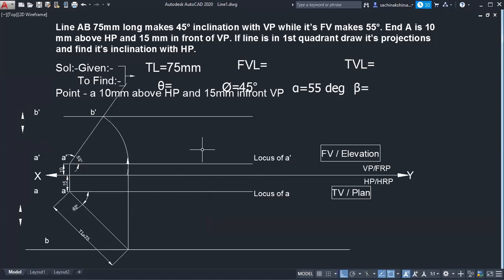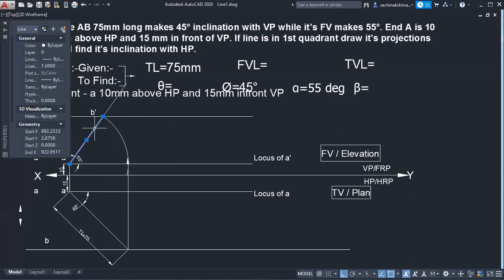Will you measure and tell? 53. 53, sir. Yes, sir. Let us check how much it is.